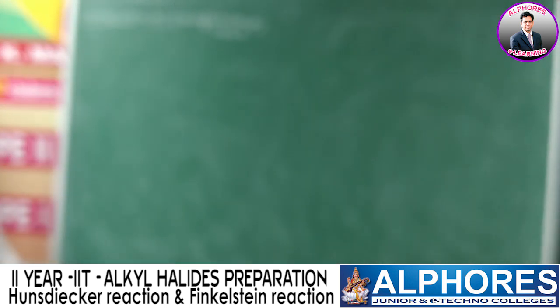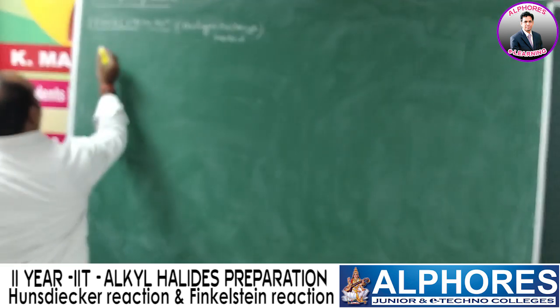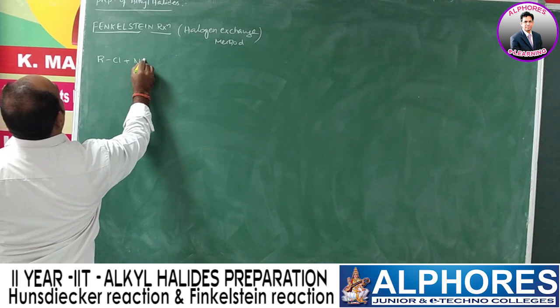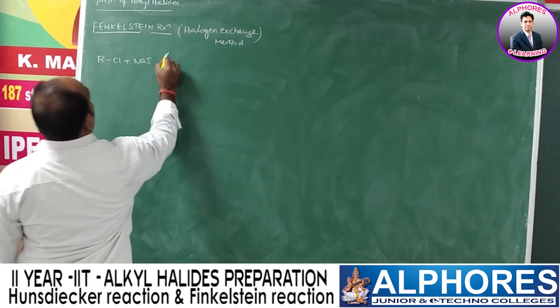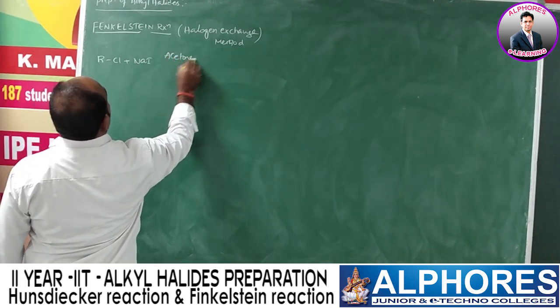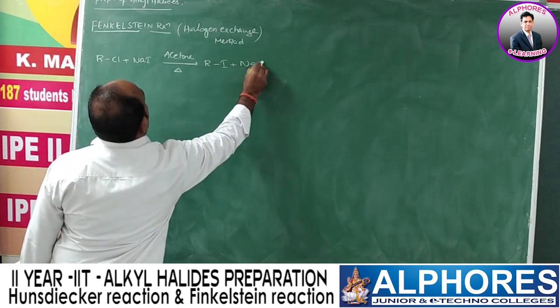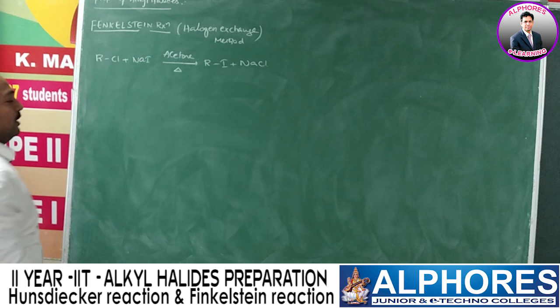In the Finkelstein reaction, alkyl halide, say RCl, upon reaction with NaI in the presence of acetone and heat, gives alkyl iodides and NaCl.